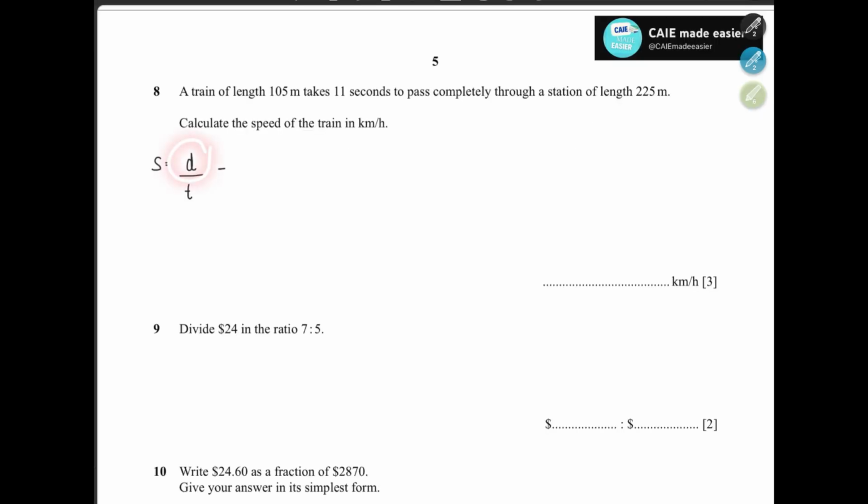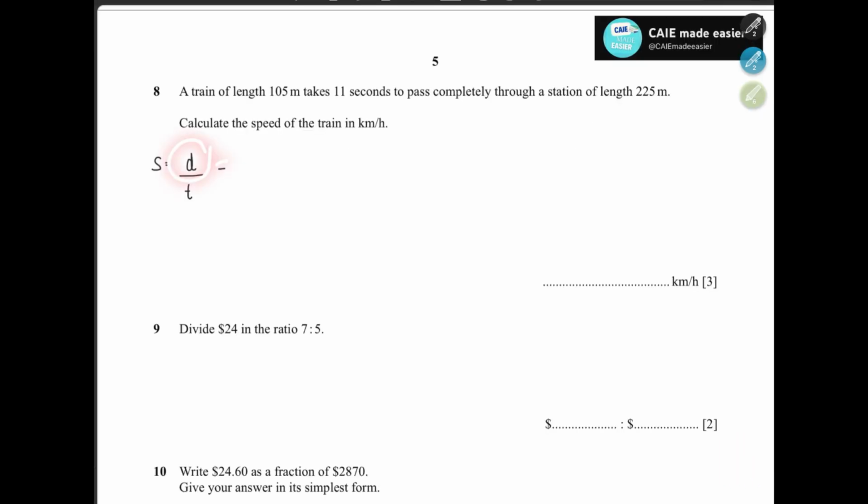Now, a train of length 105 meters takes 11 seconds to pass completely through a length of 225 meters. Calculate the speed of the train in kilometers per hour. So you know the formula for speed equals distance over time. Now we need to find the distance.